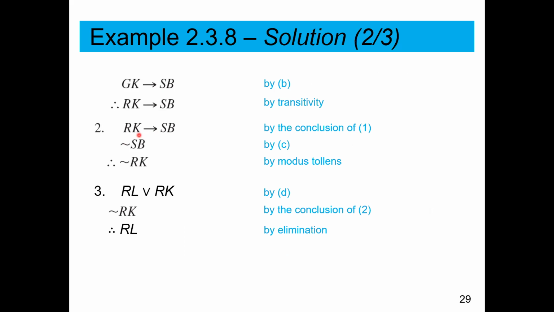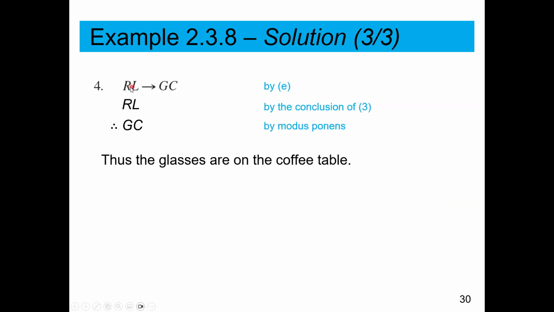Remember, that's contrapositive, modus tollens, whichever one you want to go with. And then I have RL or RK. Well, if it's not RK, because we get that from up here, then it has to be RL. And then we can come to RL implies GC, and RL is true, so we get GC. They're on the coffee table.